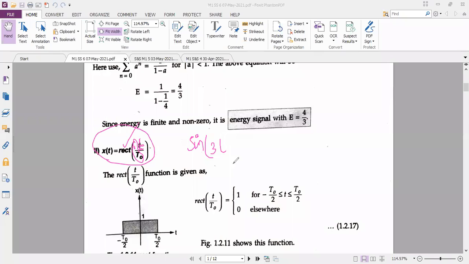It is the scaling factor of time. In the same way, here the scaling factor is 1 by T naught, which means it is in the denominator. So when we use the time scaling concept, if there is a division by T naught, we will multiply with T naught.